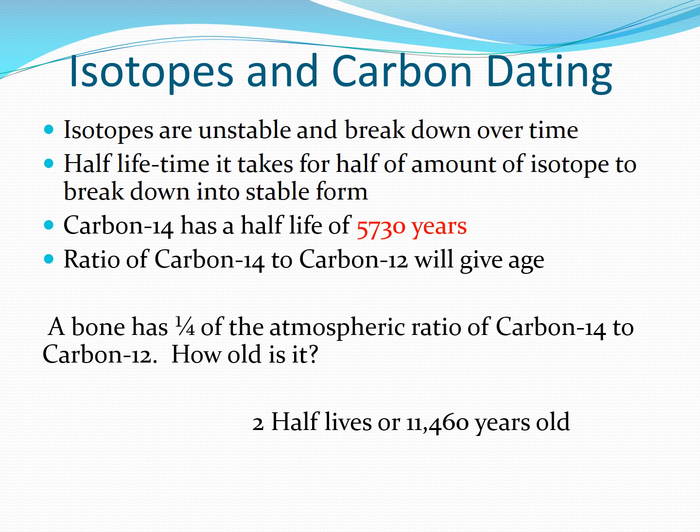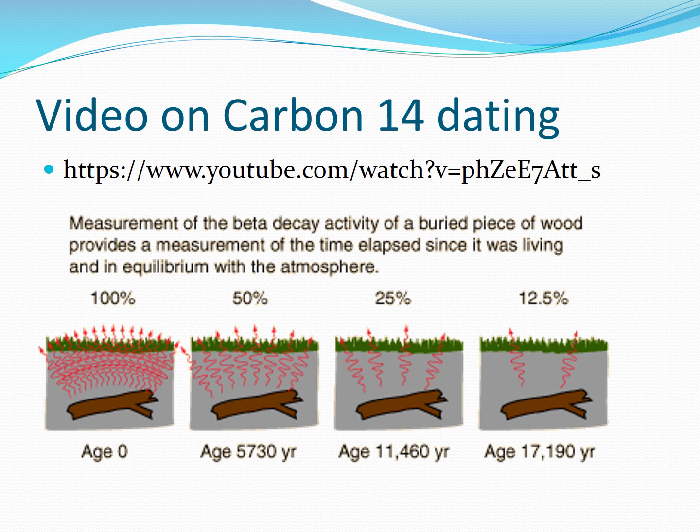That's because each time we go from a full, we go to a half. So to go from a full to a half is 5,730 years. And then to go from a half to a half of a half, which is a quarter, is another 5,730 years. So we add those two up, or 2 times 5,730 years, and we get 11,460 years old.